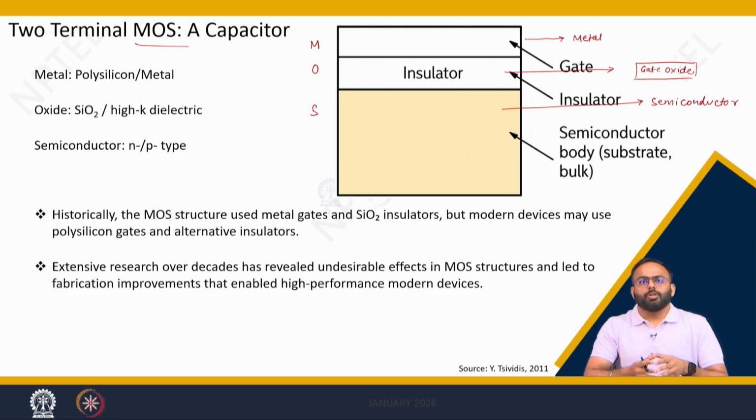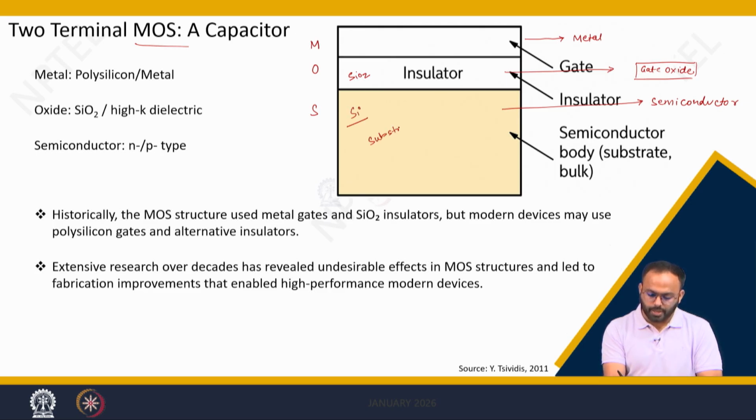Historically, the MOS structure used metal gates, silicon dioxide as the insulator layer, and silicon as the substrate or body. But in recent fabrication processes and emerging devices, it is not necessary that the gate is made up of metal only.